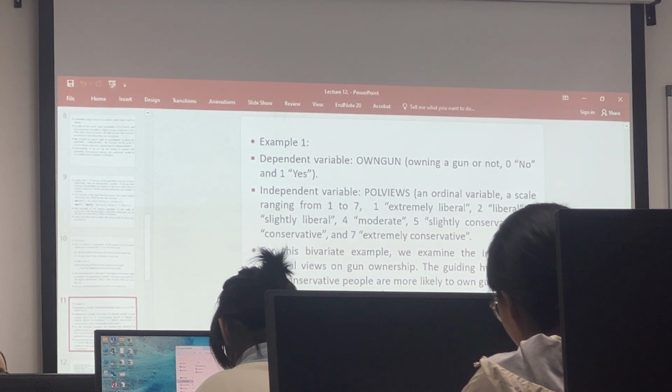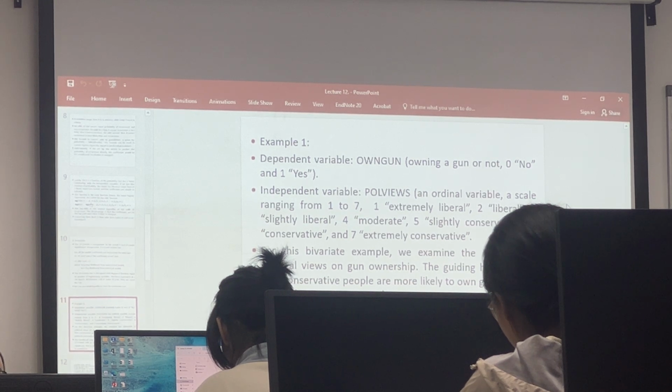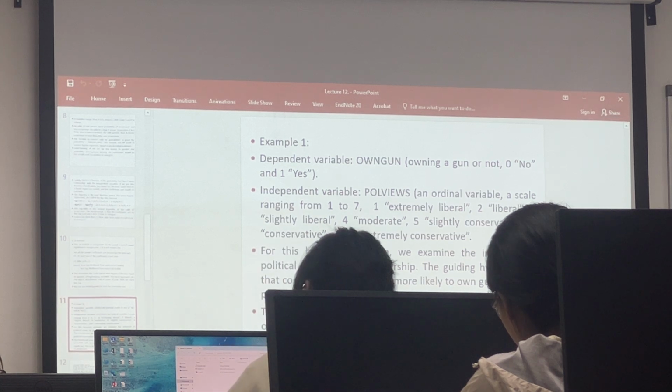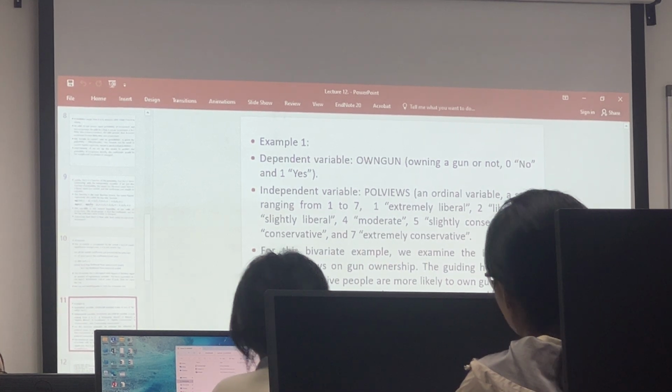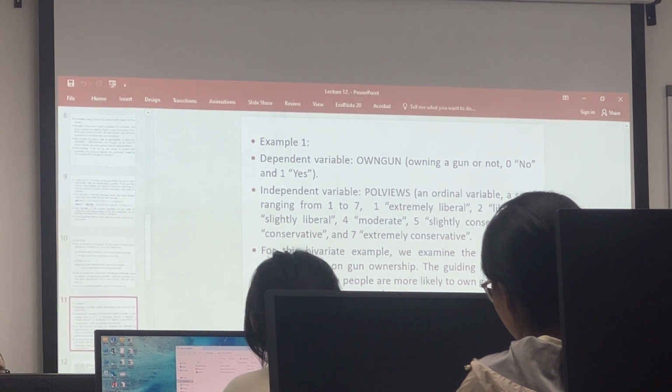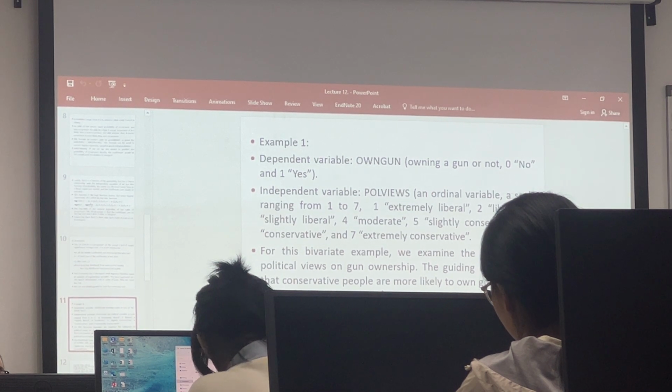Alright, so consider the example. Let's say we have a binary independent variable called own gun. It represents owning a gun or not. We assign 0 if not, and 1 if yes.